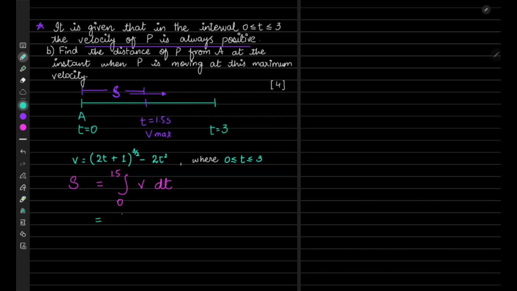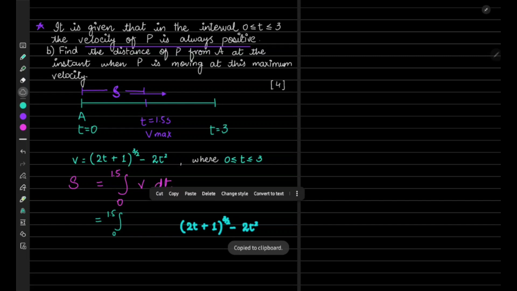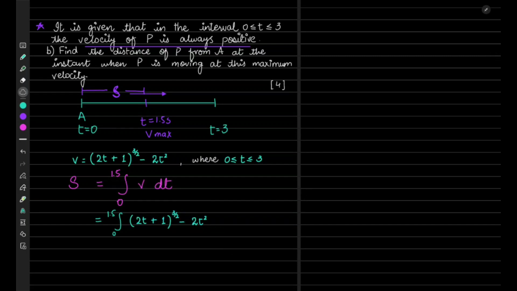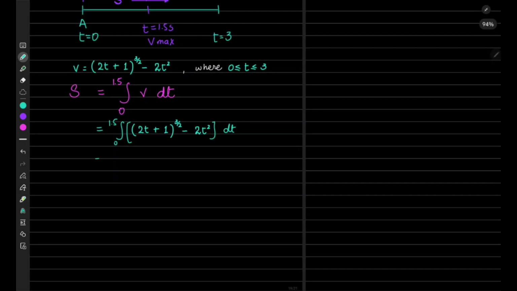So it will be equal to the integral from 0 to 1.5 of your velocity. Now, for the integral of the first bracket, we can only take the integral if we have the derivative of the bracket multiplied with it. So 2 must be there.